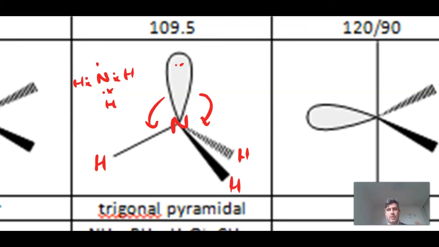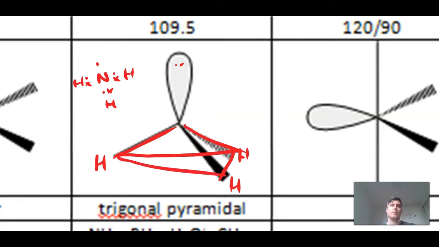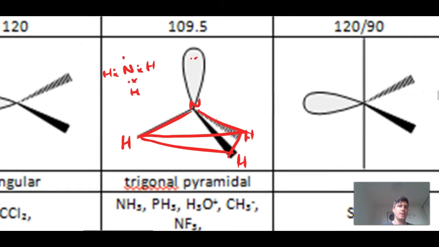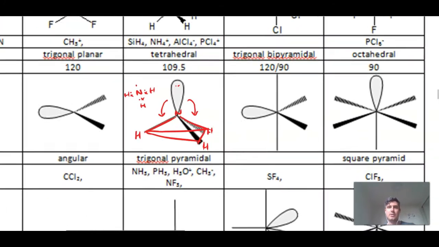So instead of a tetrahedron, it looks like a tetrahedron, but because there's no atom here, it's actually only the bottom that we focus on, and this is a pyramid shape. So that's where the name trigonal pyramidal comes from for that one. So the lone pairs are acting in a repulsive way to the bonds there and forcing them down.